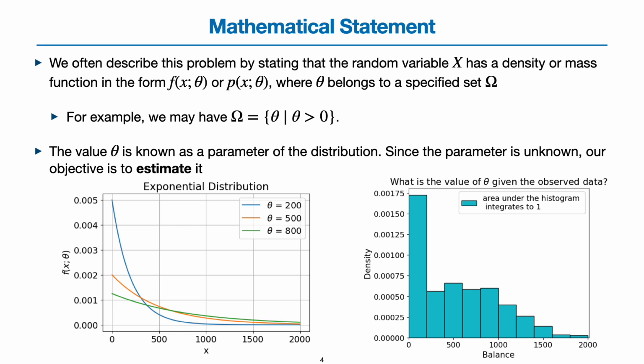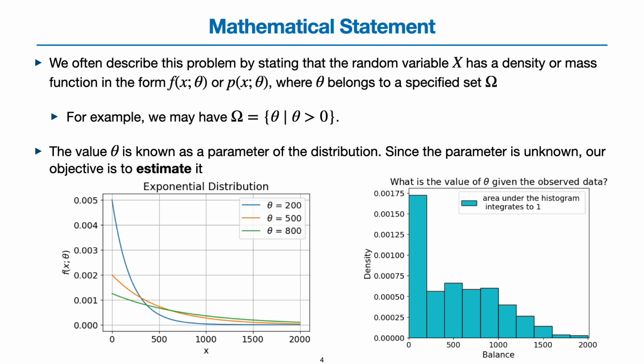Let's say we want to approximate this with the probability density function of the exponential distribution, as you can see on the left side. And why exponential? Because the nice thing about the exponential distribution is that it's non-zero when x is greater than 0, which makes sense, right? Because typically we do not have a negative balance, if we assume that balance is always a number greater than or equal to 0.